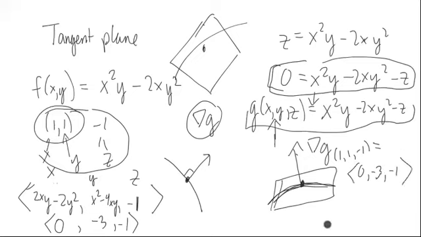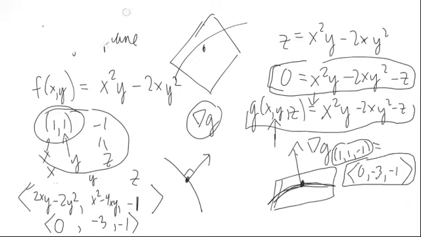To find the actual tangent plane itself, all we have to do is take this as our orthogonal vector, and we need just a beginning point. And look, we have a beginning point right there. We can find the equation of the tangent plane based off that point and that orthogonal vector, as we've done previously.